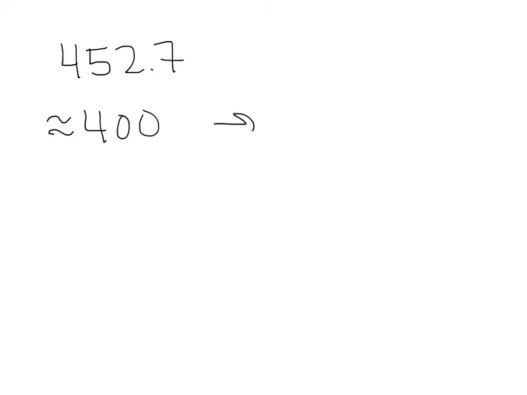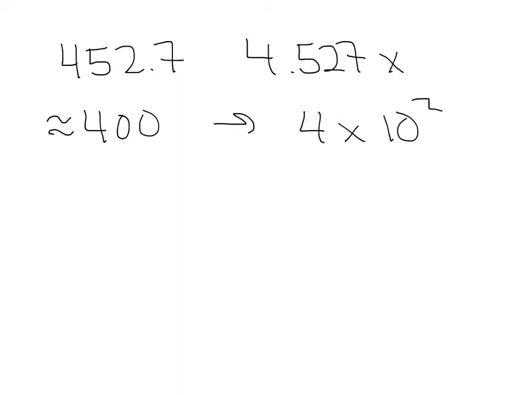So this number turns into 4 times 10 squared, but since we know it more accurately, we actually write our original number as 4.527, all digits that we know, also times 10 squared. Because it's the same size number, which our exponent tells us. So it's either 4 times 10 squared, which is approximately 400, or 4.527 times 10 squared, which is the number 452.7.